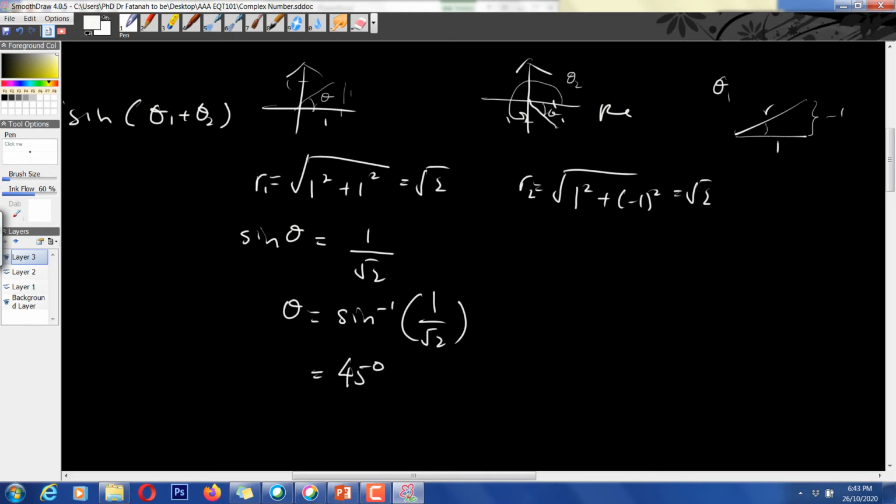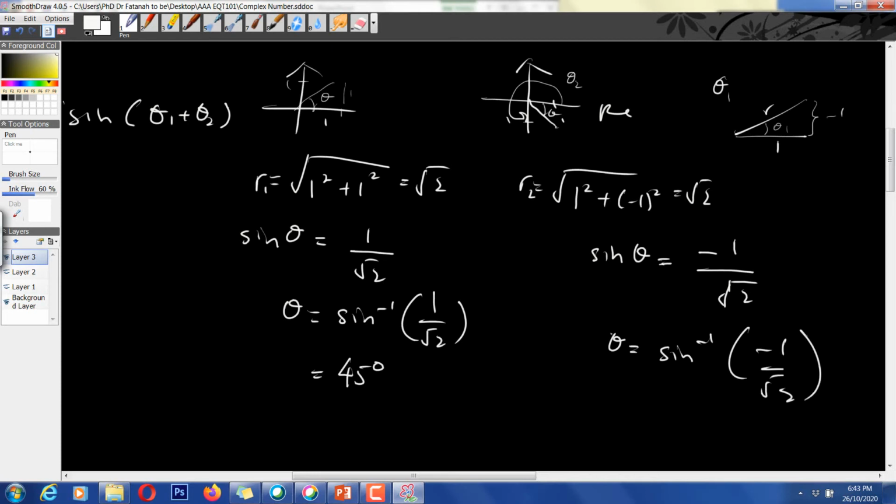So this is R, and this is theta. Sin theta is equal to negative 1 over square root 2, so theta is equal to arcsin of negative 1 over square root 2, which is negative 45.